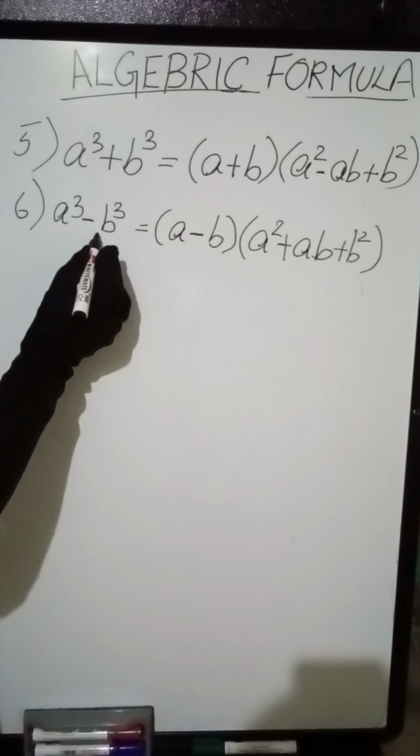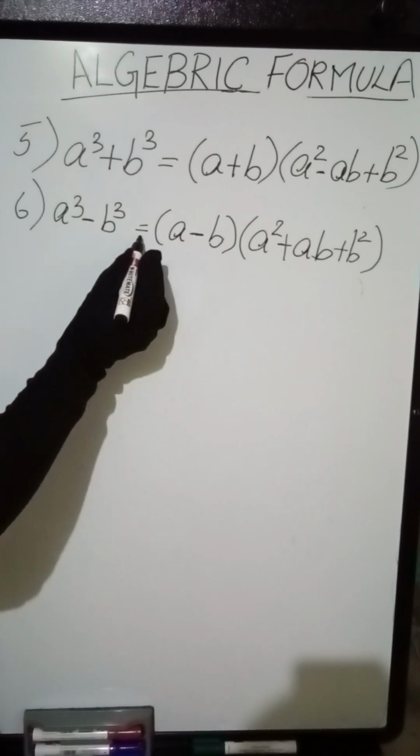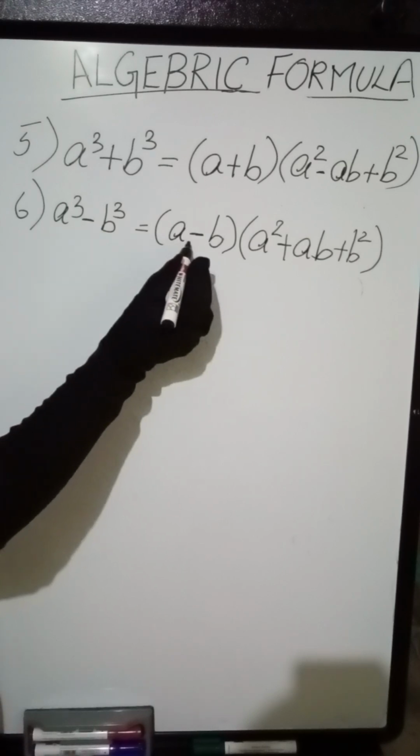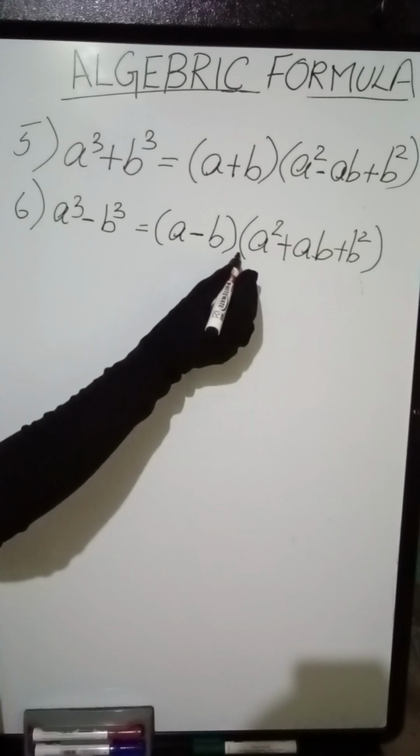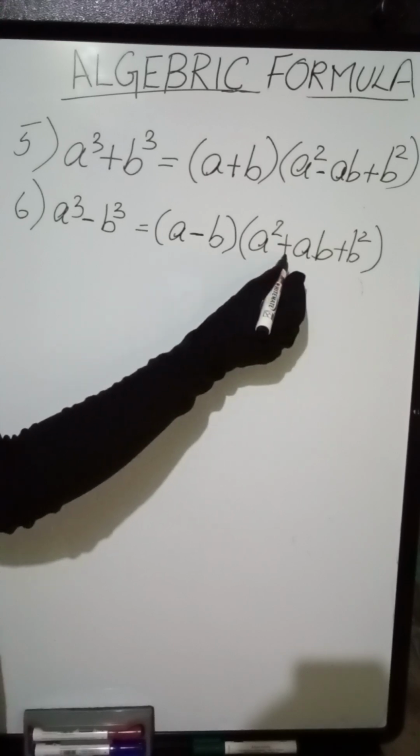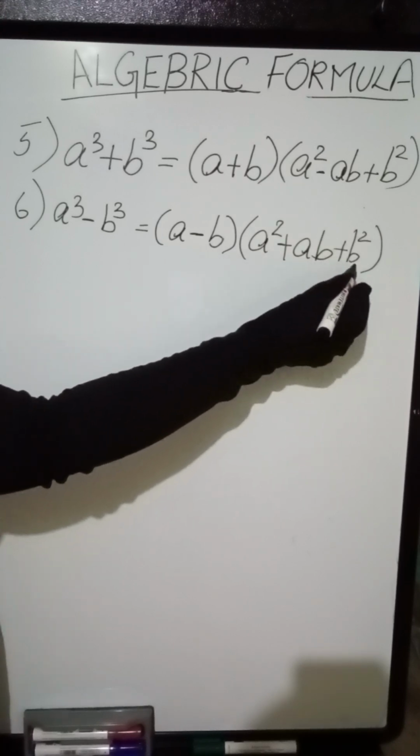So a cube minus b cube is equivalent to a minus b into a square plus ab plus b square.